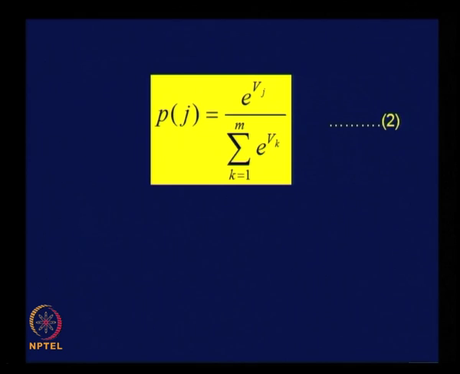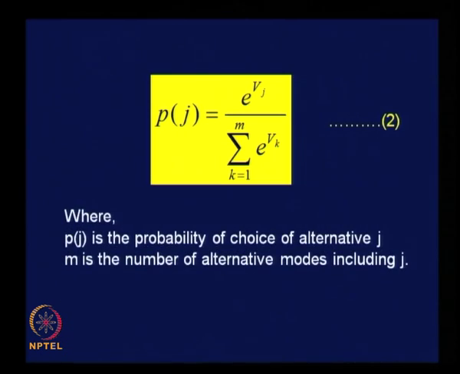We know this is the general form of the logit model of mode choice. Probability of choice of mode j is given as e power Vj divided by sigma k equal to 1 to m e power Vk, where Pj is the probability of choice of alternative j, and m is the number of alternative modes including j.